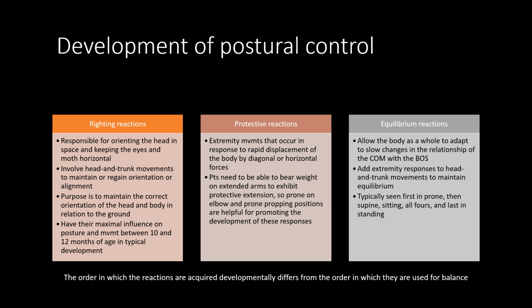We add extremity responses to the head and trunk movements to maintain equilibrium. We typically first develop these in prone and then supine, then sitting, then quadruped, and last in standing, which is going to be, again, our developmental sequence where we move from prone, supine, sitting, quadruped, standing.